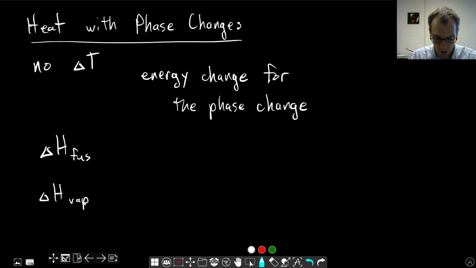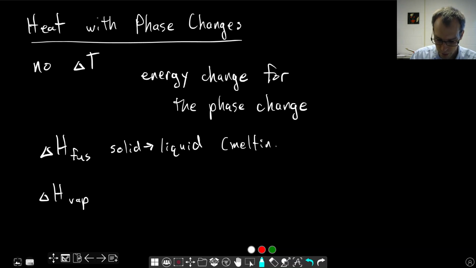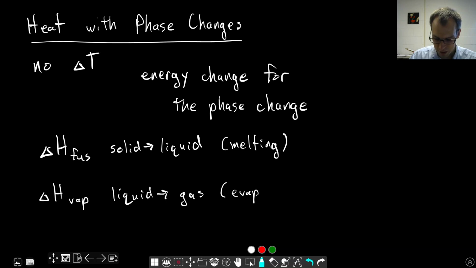Enthalpy of fusion, which is, I don't know why we use the word fusion for this, but this is solid to liquid, this is melting. But this is the terminology we use. If you see enthalpy of fusion, it means melting. And enthalpy of vaporization, which is going from liquid to gas, so evaporation or vaporization.